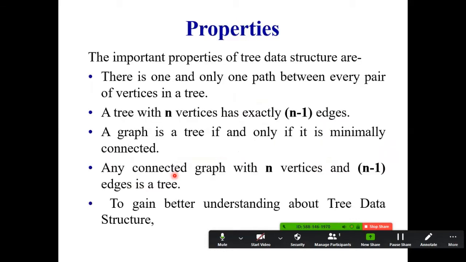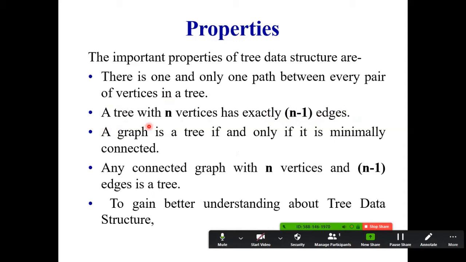Now we will see some of the properties. The important properties of tree data structures are: there is one and only one path between a pair of vertices in the tree. Vertices are nothing but nodes; in future we can call them nodes instead of vertices. A tree with n vertices has exactly n minus 1 edges. The meaning of the second point is that a tree which has n nodes has exactly n minus 1 edges.